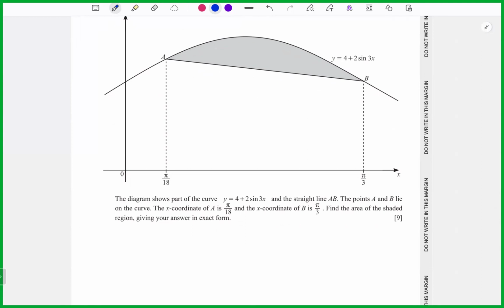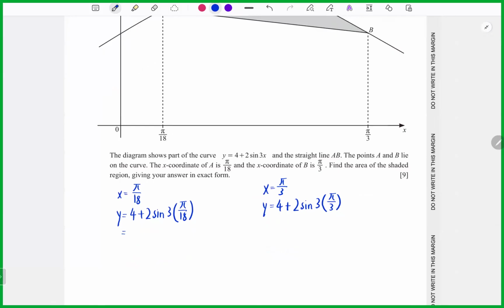When x equals to pi over 18, y will equal to 4 plus 2 sine 3 bracket pi over 18. x equals to pi over 3, y equals to 4 plus 2 sine 3 brackets pi over 3, equals to 4.